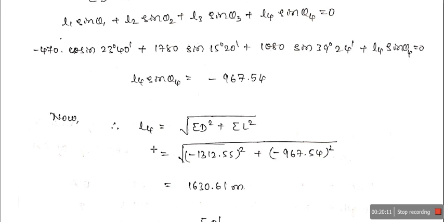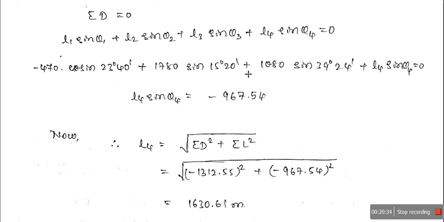Simplify this one, and you can take these two terms as summation of d dash and summation of L dash. Therefore L4 is equal to square root of summation of d dash square plus summation of L dash square. Here I have written the summation of d dash and summation of L dash.